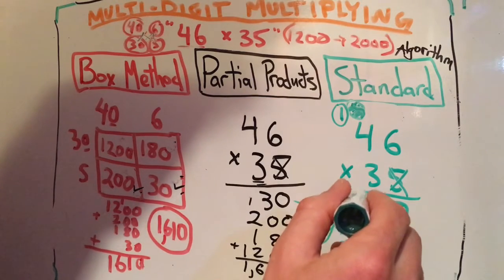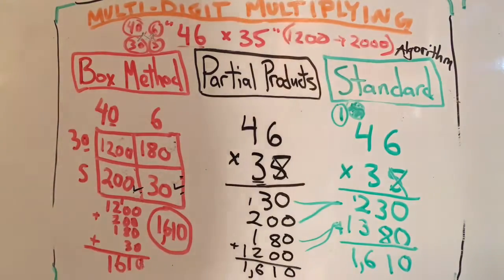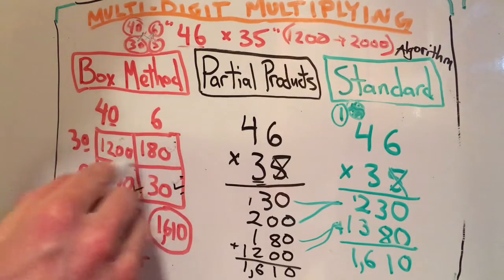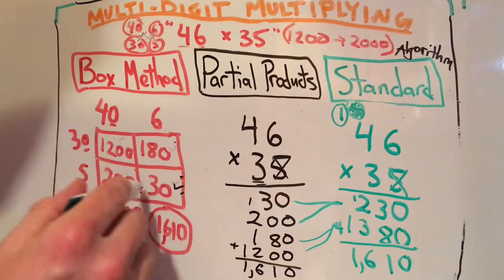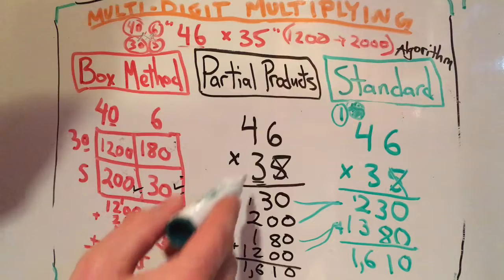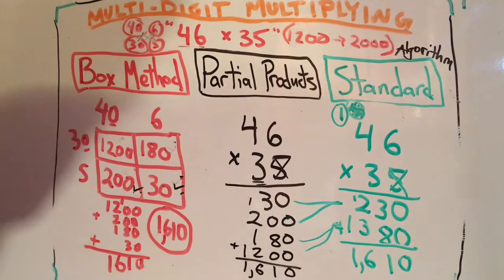We're going to carry the 1, 6, 1, and boom. There we go. We got our 1,610 each way. You can see that the box method organizes each partial product in its own box and then adds them up. This organizes each partial product in its own row and then adds them up.